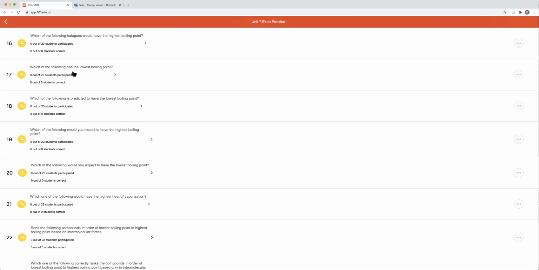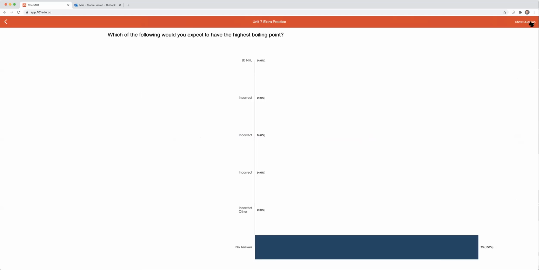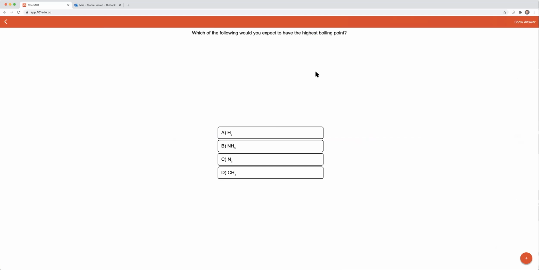The next one I want to do is number 19. Again, this is the same thing, but this time we're going in the other direction, because we want to know about the highest boiling point. Once again, the higher the intermolecular forces, the higher the boiling point. Think about why that is.